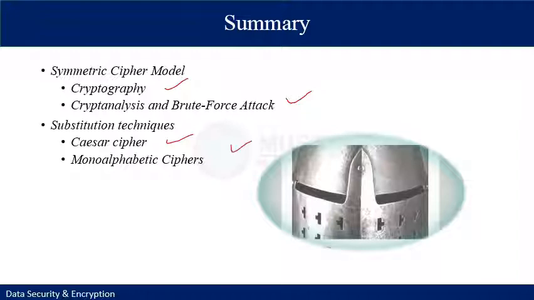Then we discussed the monoalphabetic cipher, which is very much related to the Caesar cipher, but it used more keys than the Caesar cipher.